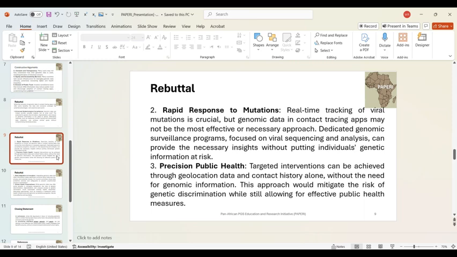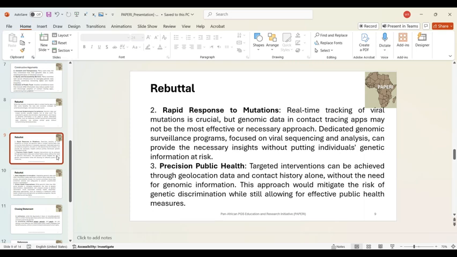There is also precision in public health. Targeted interventions can be achieved through geolocation data and contact history alone, without the need for genomic information. This approach could mitigate the risk of genetic discrimination while still allowing for effective public health measures.